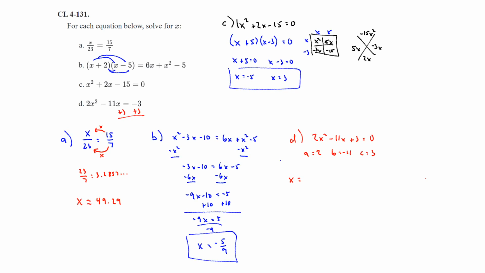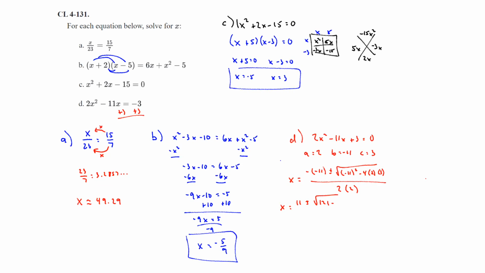X is equal to the opposite of B. So that's the opposite of a negative 11 plus or minus the square root of b squared minus 4ac all over 2a. And so I just plugged in the values as I went along there. And so we have x is equal to positive 11 plus or minus the square root of negative 11 squared, which is 121.